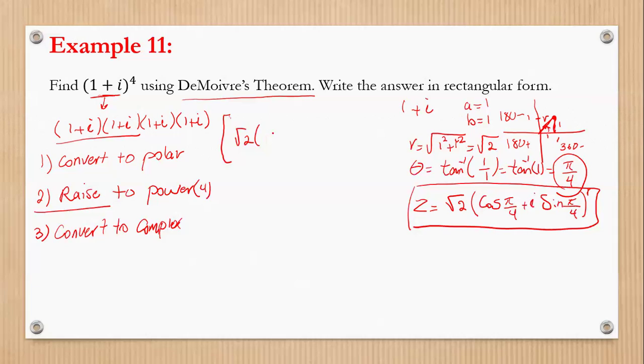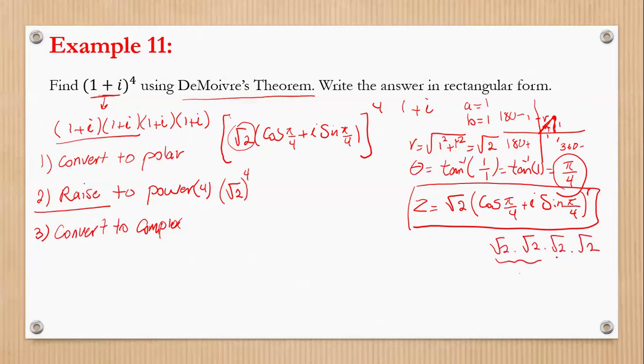So write root 2 times (cosine of pi over 4 plus i sine pi over 4), and then raise it to the fourth. To raise to the power, we need to raise root 2 to the power of 4, which means multiply root 2 four times. I know root 2 times root 2 is just 2, root 2 times root 2 is just 2, and 2 times 2 is 4.